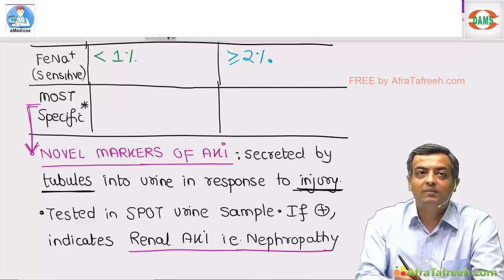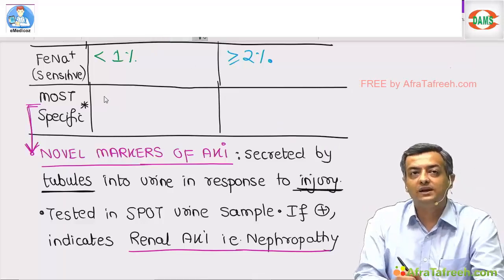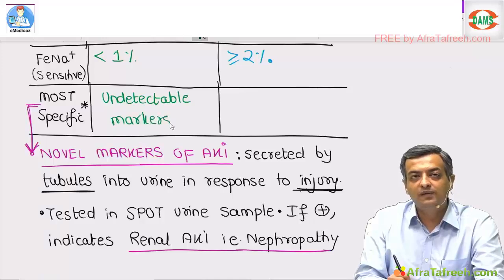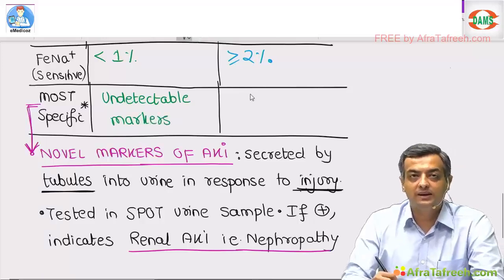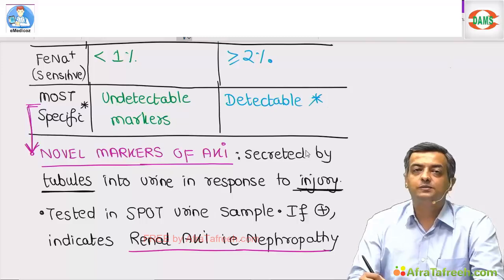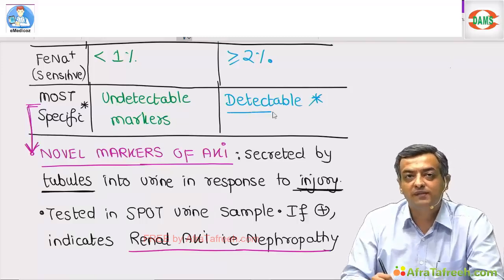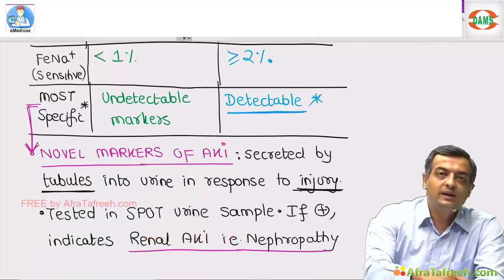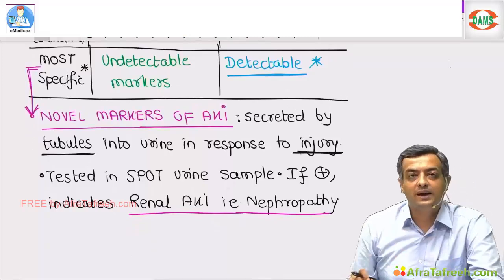If the novel markers are absent, that is undetectable markers, it favors a diagnosis of pre-renal, but detectable markers are specific for a renal cause of AKI.